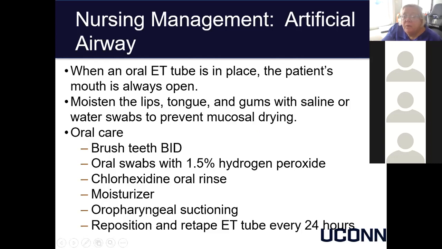Mouth care with an endotracheal tube or even tracheostomy is critically important. Their mouth is always open. The tube is there. They cannot close their lips. Their mouths get dry. Secretions crust on the lips, the teeth, the tongue. So we need to do aggressive mouth care on a regular basis.